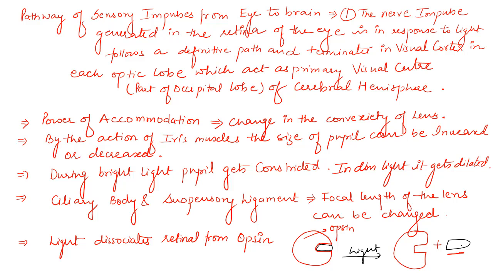The dissociation changes the configuration of opsin and activates the process. This change generates a potential difference in the photoreceptor cells, which causes the ganglionic cells to generate the action potential. Then the bipolar neurons take over, and the impulse is transferred through the nerves and ultimately reaches the visual cortex.